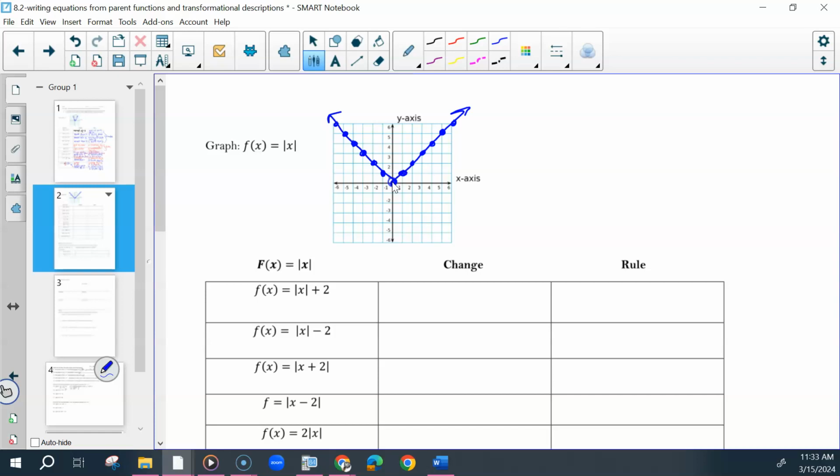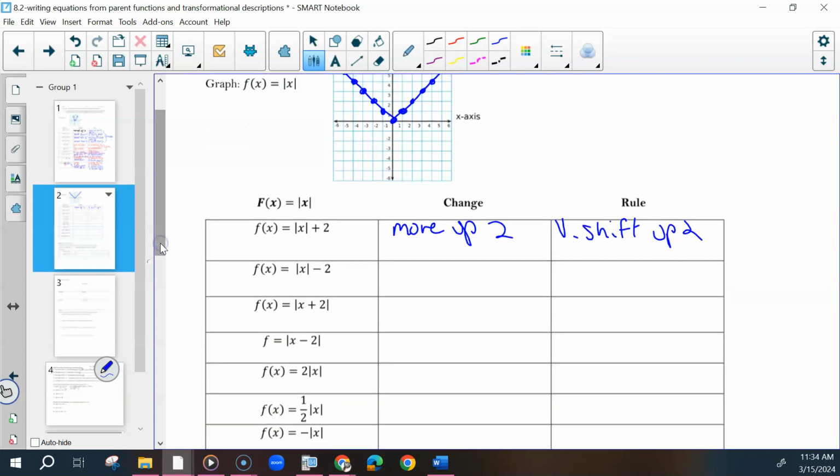If I were to add 2 to the end, what do we think this would do? Move up 2. And that rule would be vertical shift up 2. If I had minus 2 on the outside, that would be down 2.